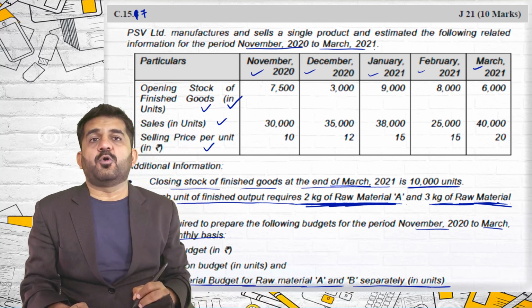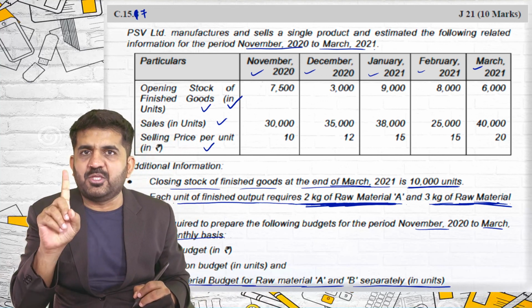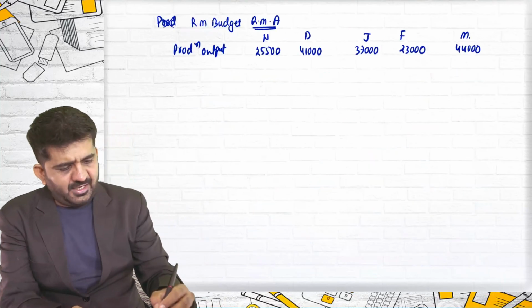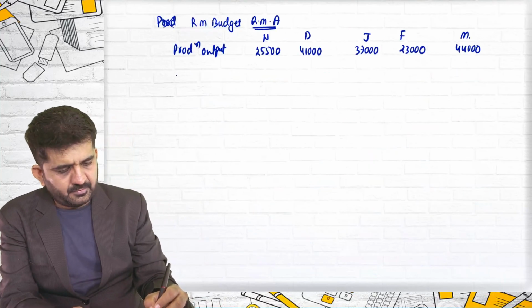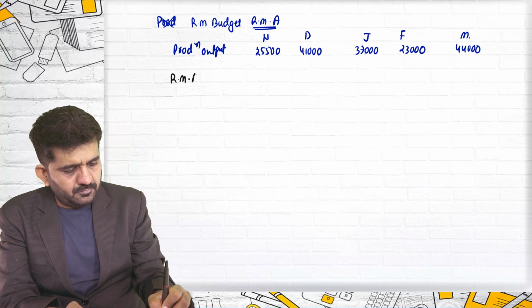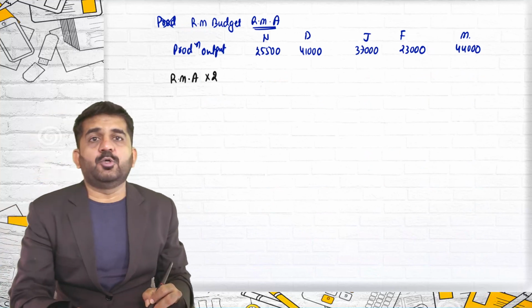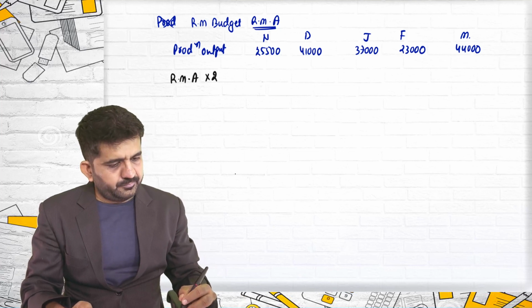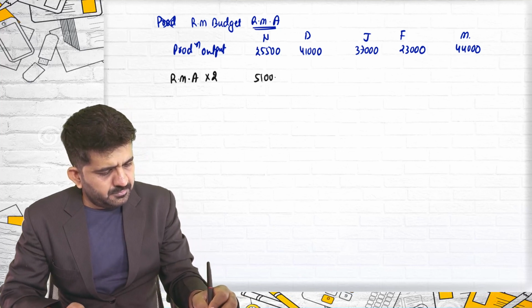How many kgs of raw material A is required to finish the output? 2 kgs of raw material A is required to manufacture one output. So how much will be required? Output multiplied by 2. It is 25,500 into 2, which is 51,000.